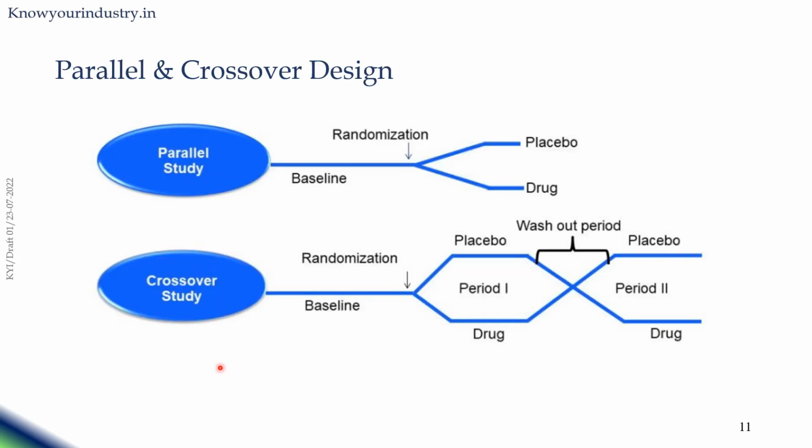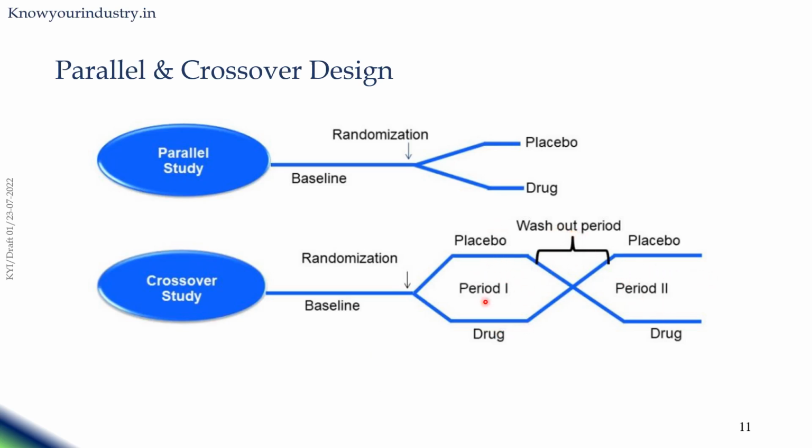In this slide, we are seeing the difference between the parallel and crossover design. In a parallel study, you can see there are two groups, one group which is given placebo and another group which is given the drug, based on randomization. In a crossover study, here you can see period 1 and period 2 distinguished by a washout period.